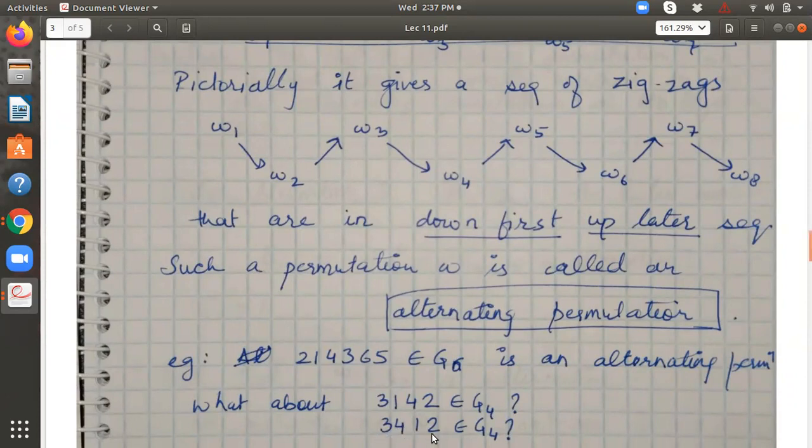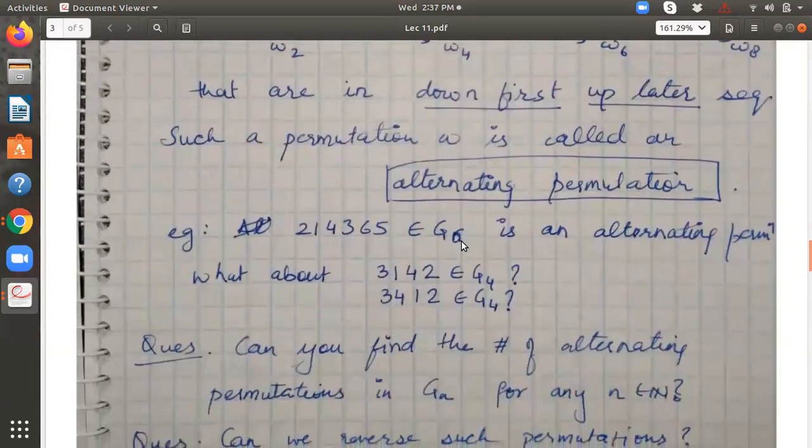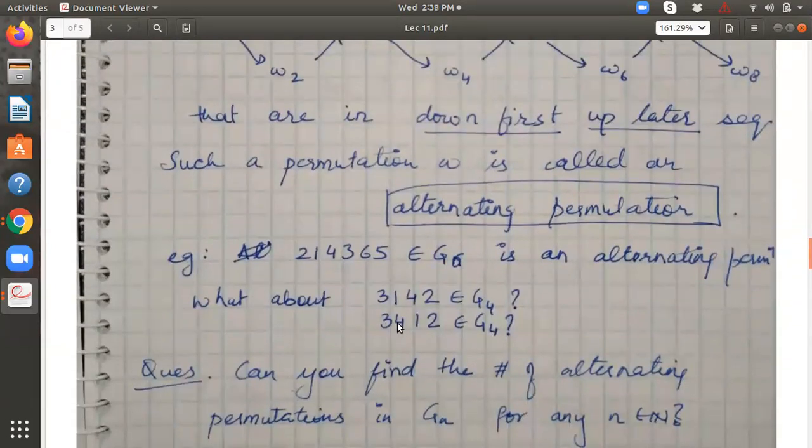For that permutation, the set of descents is the set {2}, because W2 is bigger than W3. And 4 doesn't count because you can't compare it with the next.